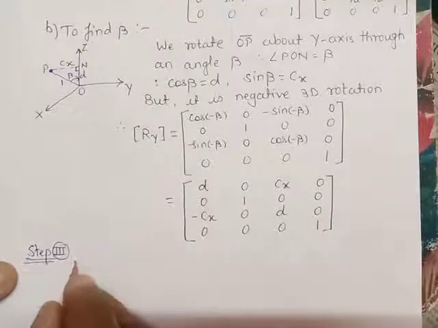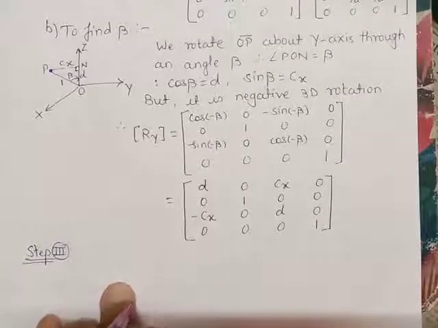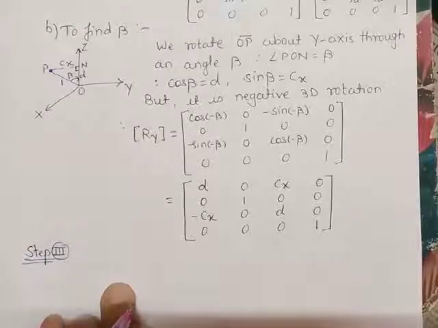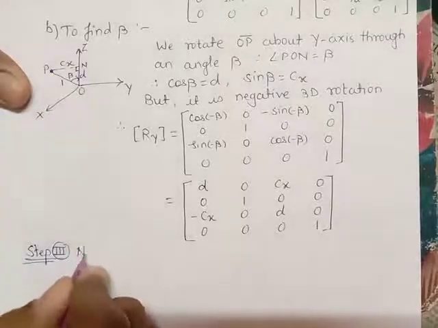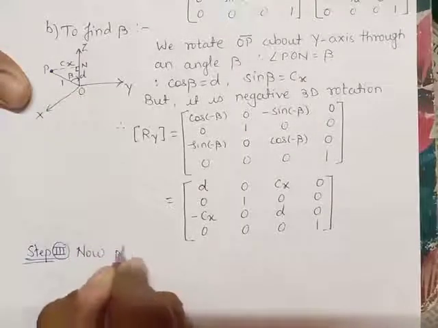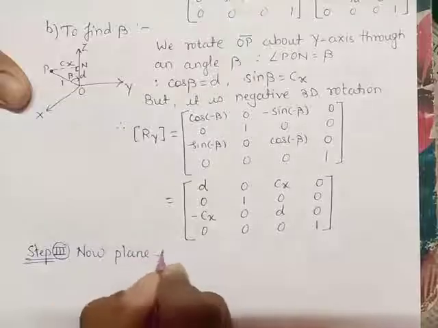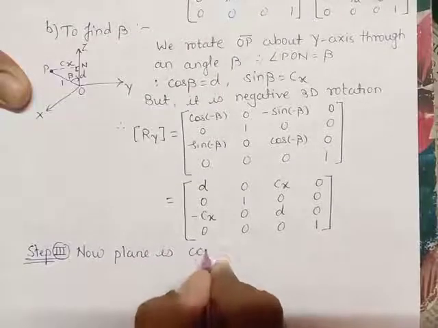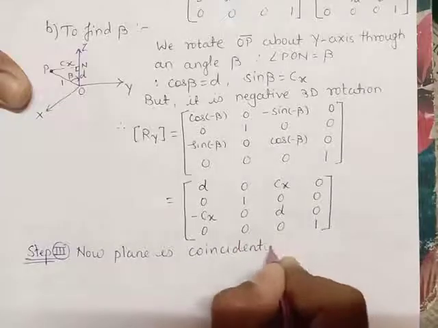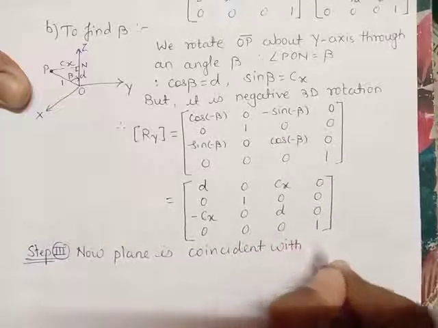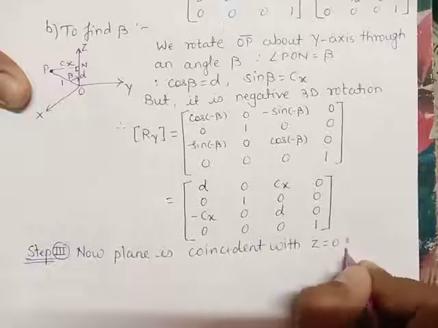Now step 3. What does step 3 say? Now we have made the plane coincident with the xy plane, that is the z equal to 0 plane. So we will reflect the object through the z equal to 0 plane.